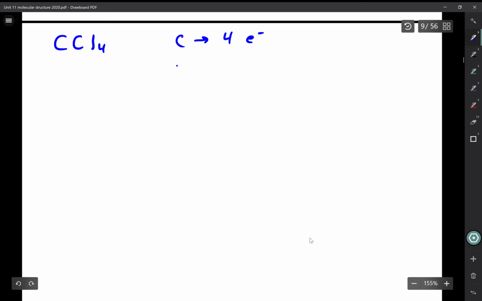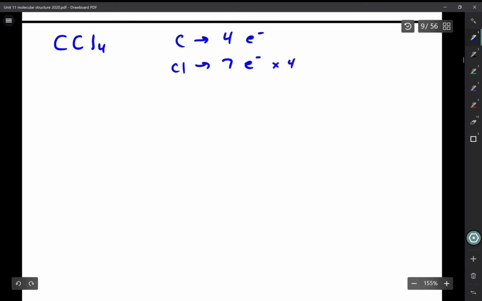Okay, first one we'll do, nice easy one. Carbon tetrachloride. So that's 1 carbon, 4 chlorines. Now let's figure out what valence electrons we have. Carbon starts out with 4 valence electrons. Chlorine starts out with 7 valence electrons, and you have 4 chlorines, so that's times 4.